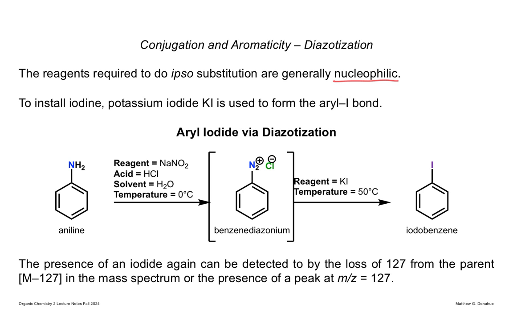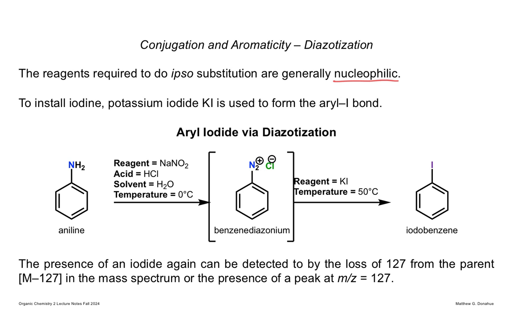And so again, keep in mind when we're talking about these mechanisms, to get the nitrogen on there, we had this nitronium ion, which was positive. We then reduced the nitro group down to the aniline, and then we're making that nitrogen of the aniline electrophilic so it can be displaced.